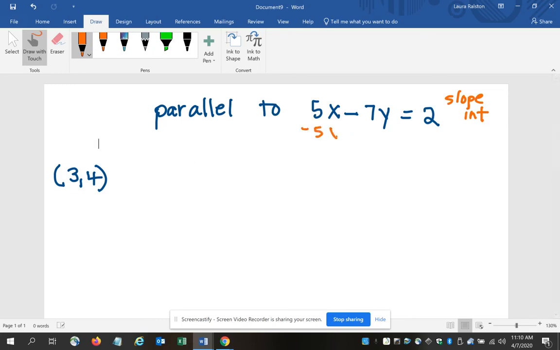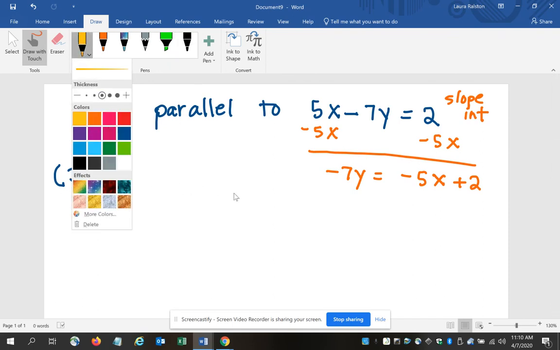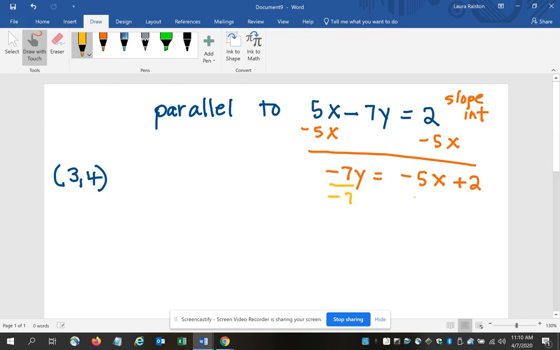So I'm going to subtract 5x. I have negative 7y equals negative 5x plus 2. I'm then going to divide everything by negative 7, so that you have y equals positive 5/7, because a negative and a negative make a positive, x, and a positive and a negative make a minus 2/7.